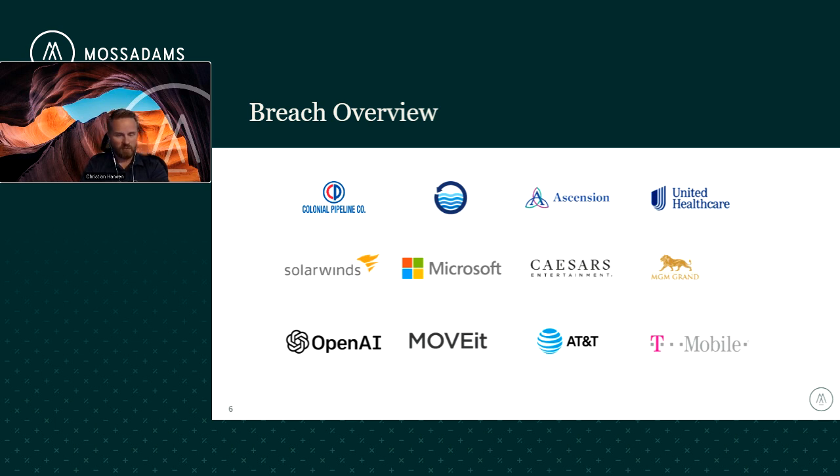The Chinese had read their emails ahead of time. So this is interesting because it's real espionage, and real espionage is actually a very small percentage of breaches that happen. But Microsoft's the gorilla in the room, and Office 365 is where a lot of people go. So there were some issues there as well.